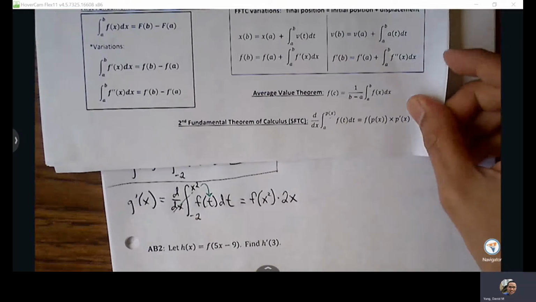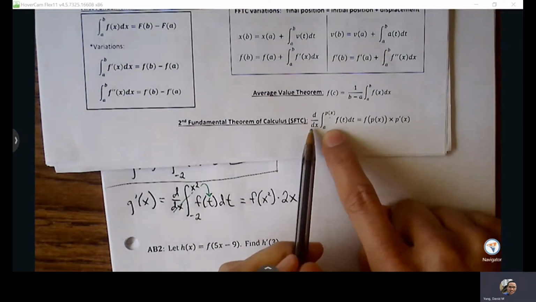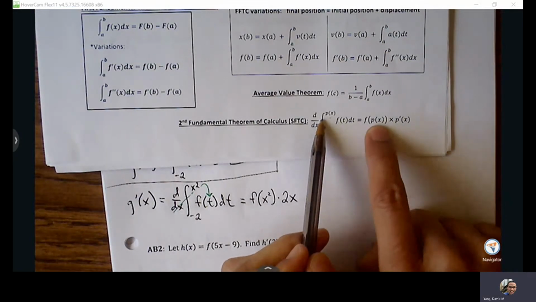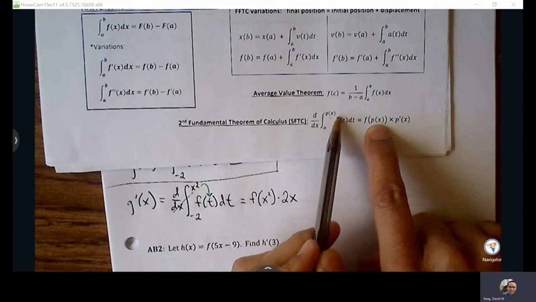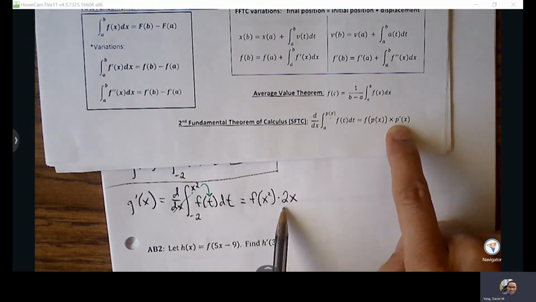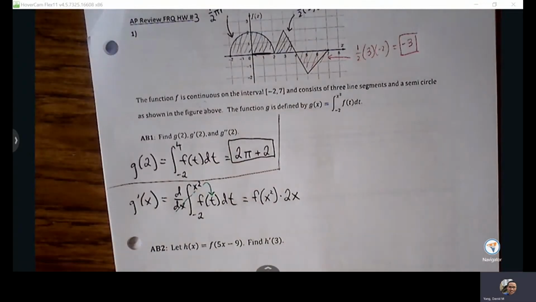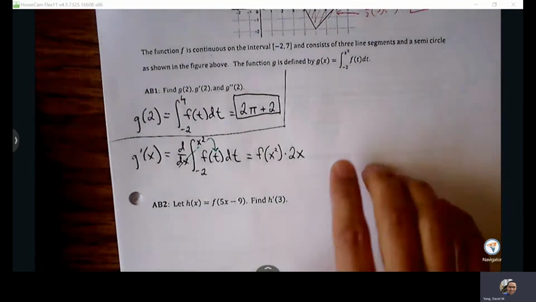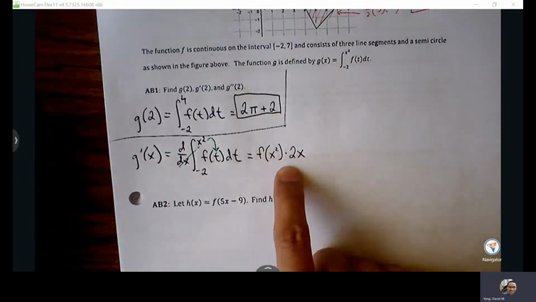So the second theorem here, right? Derivative of definite integral will just result in that f of x untouched, but the upper bound gets inserted in, and we also multiply by the upper bound's derivative. Okay, so now I can replace every x with 2 and find g prime of 2.